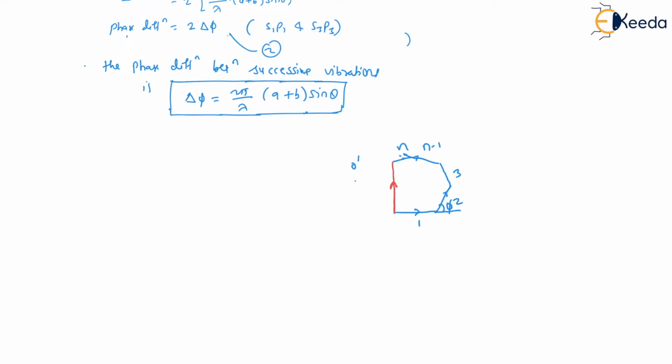Here I'll write the amplitude. The resultant amplitude of n waves, again I'll write the amplitude of each is E theta.